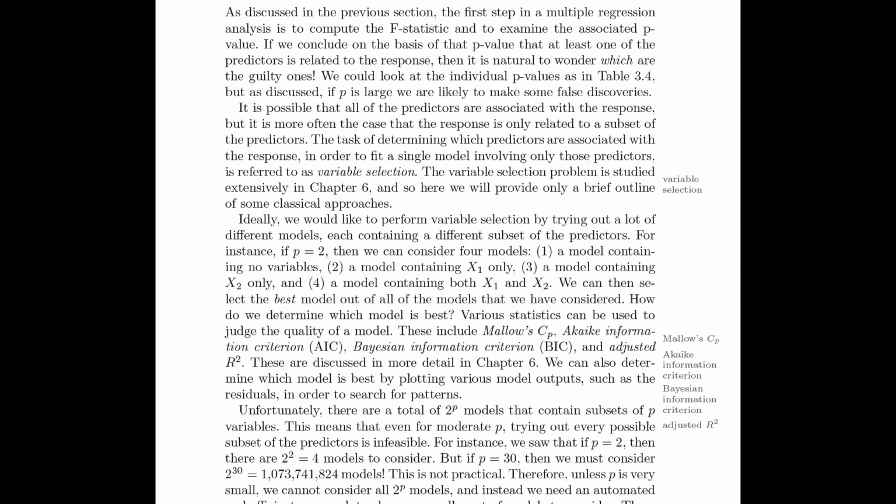How do we determine which model is best? Various statistics can be used to judge the quality of a model. And these are new statistics again. So we had our T statistic, our F statistic. Now we have Mallow's Cp. Never worked with it.